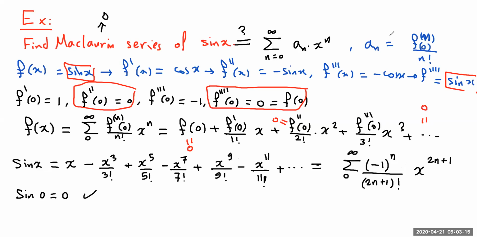So from this formula, let's write x equals pi over 2 instead of x.